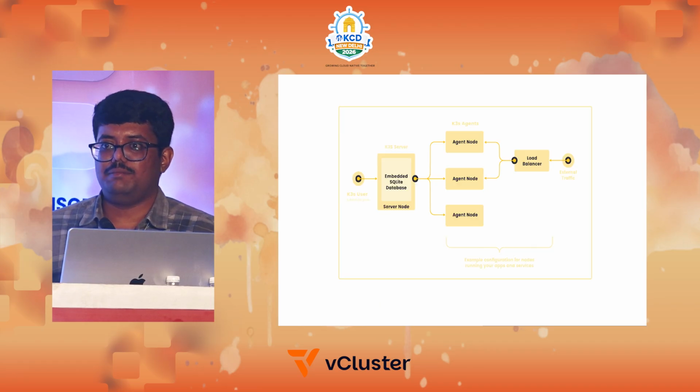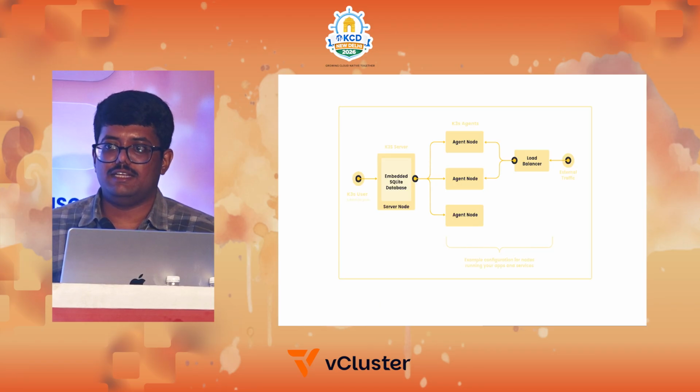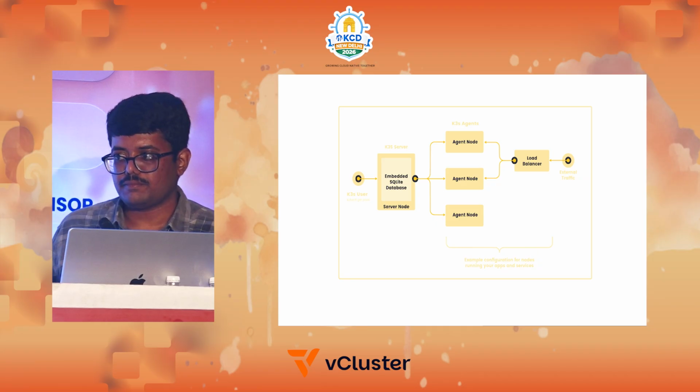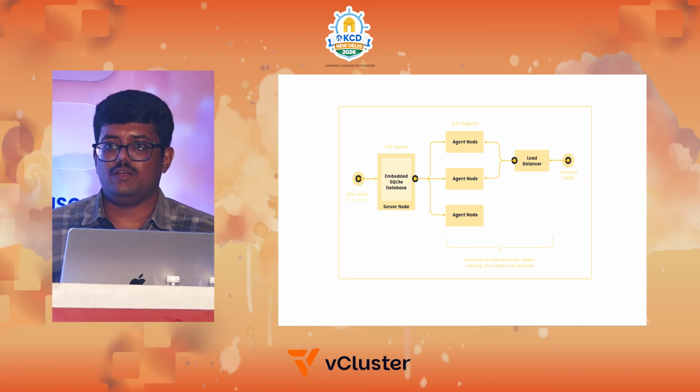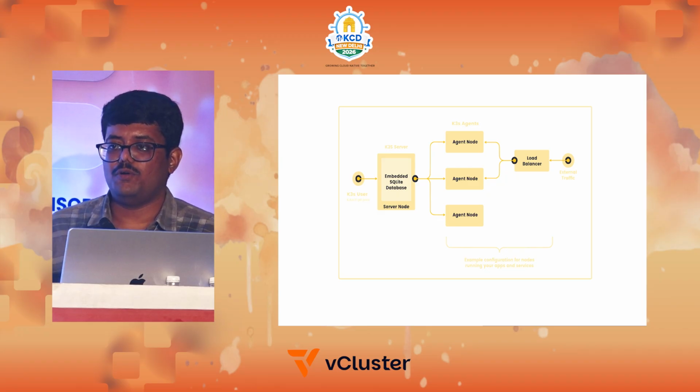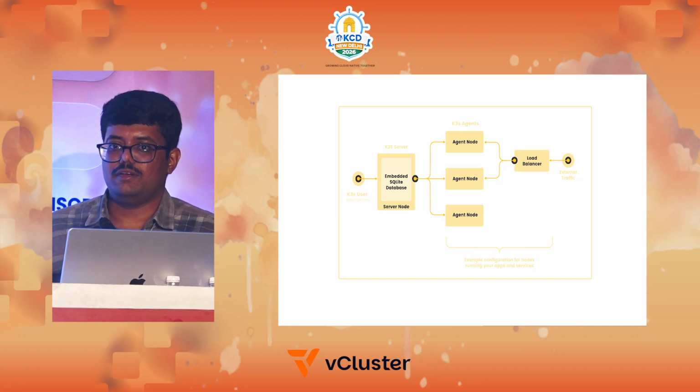In my architecture, I have one server node which contains the SQLite database. On state management, if you are learning Kubernetes or have heard about it, you might know that etcd is usually the database used for state management.